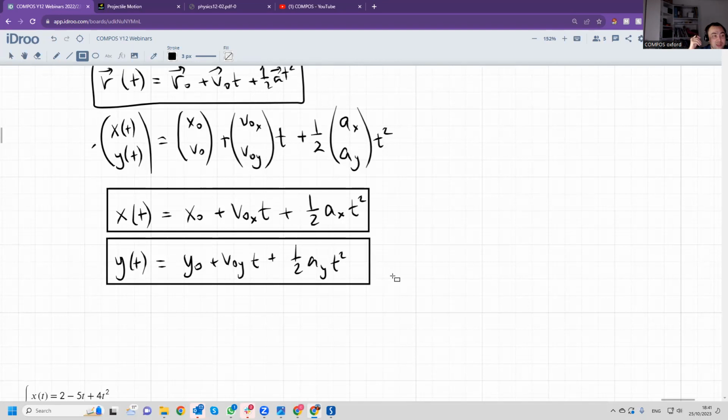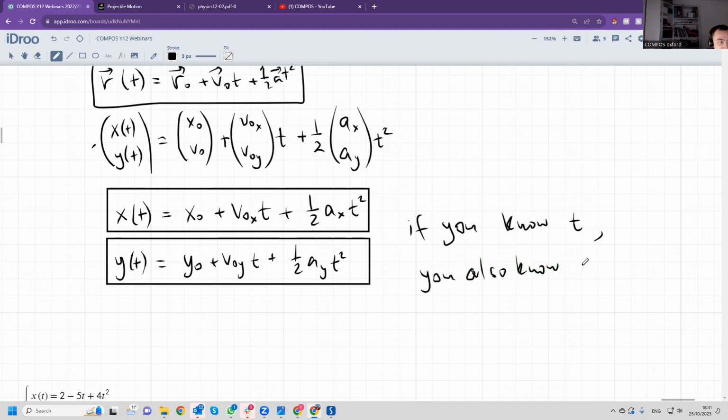Because if you know time, you know x and y. You know the position of the object at any given moment in time. You know the x position and the y position. If you know when, you know where. And this is called an equation of motion.